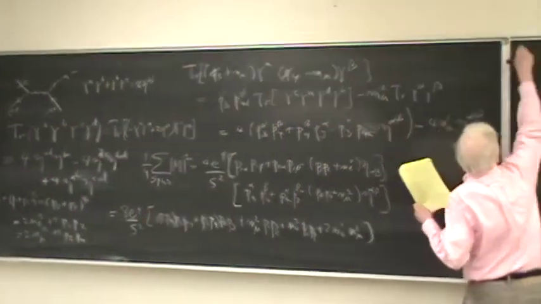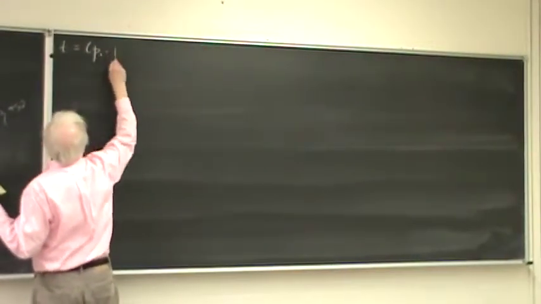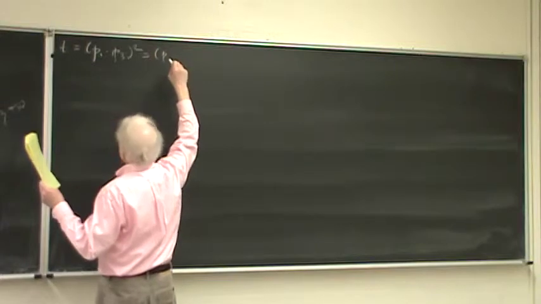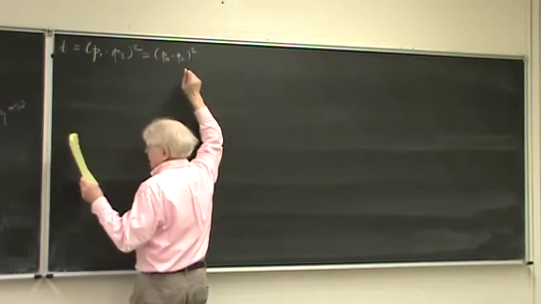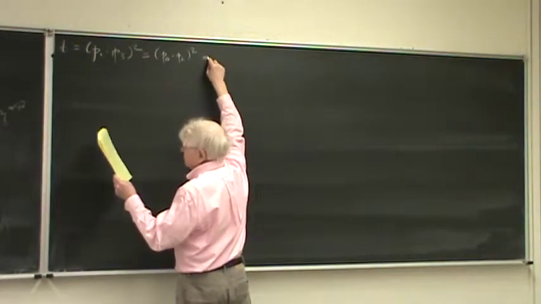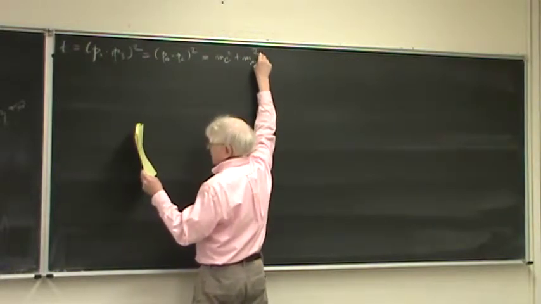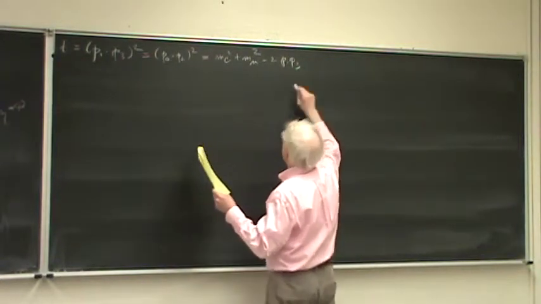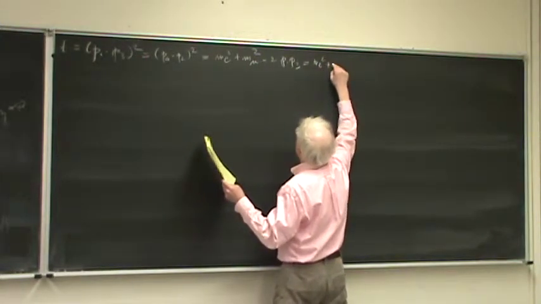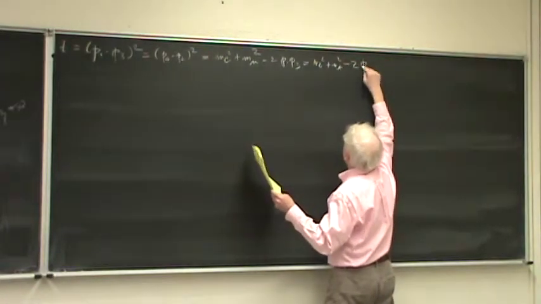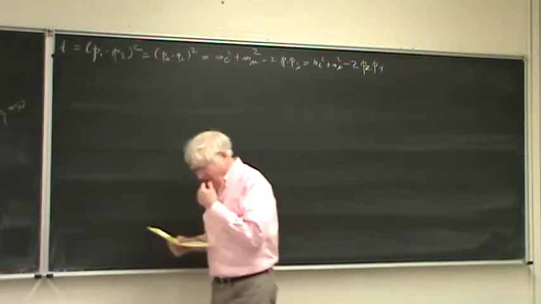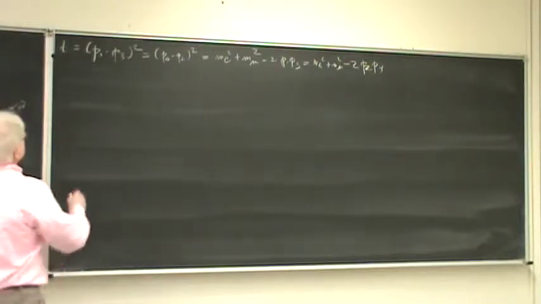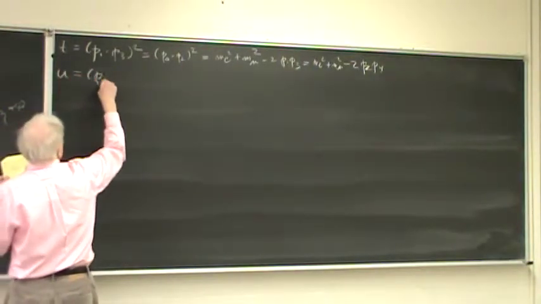And T, of course, is (P1 minus P3) squared, and that's the same thing as (P4 minus P2) squared, or minus that if you want, and that's equal to me squared plus mu squared minus 2p1 p3, and it's the same thing, minus 2 p2 p4. Okay, so there are these various formulas, and it's important to get them straight, of course, but on the other hand, there's not a great deal of meaning here.